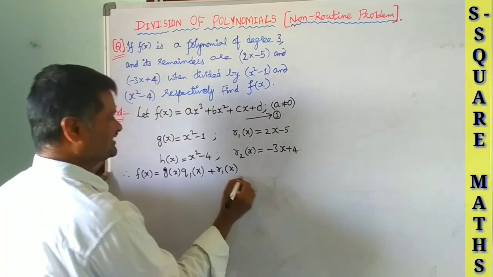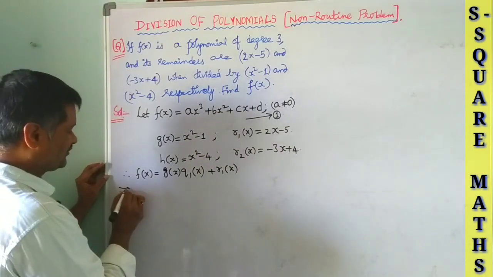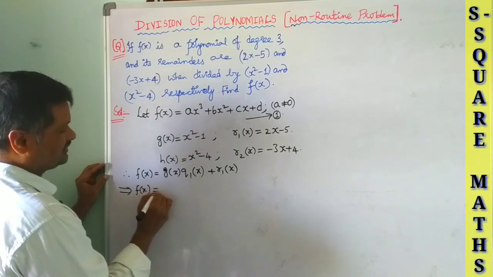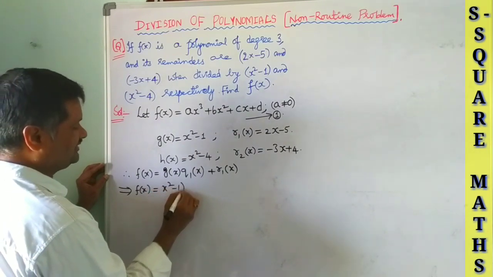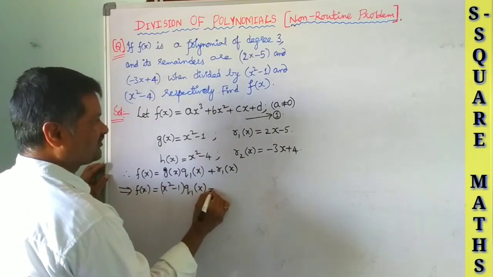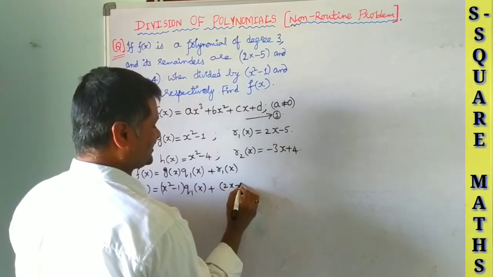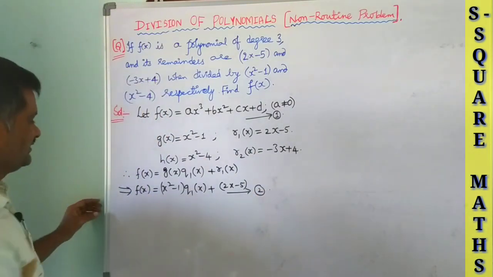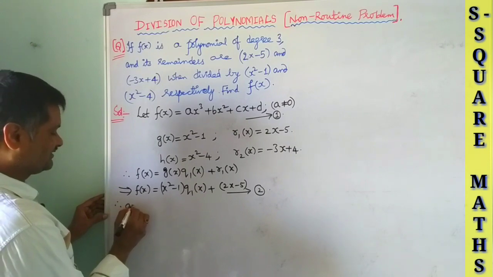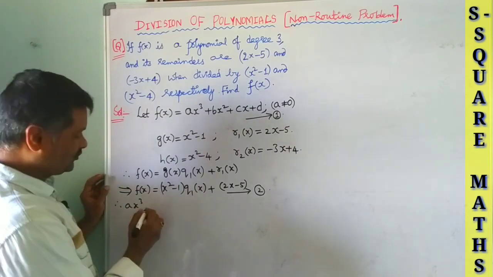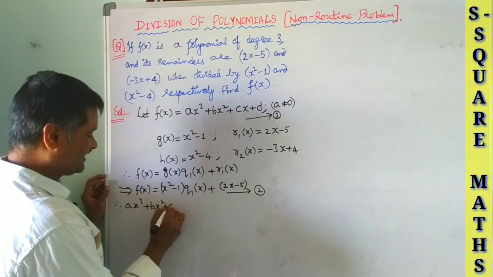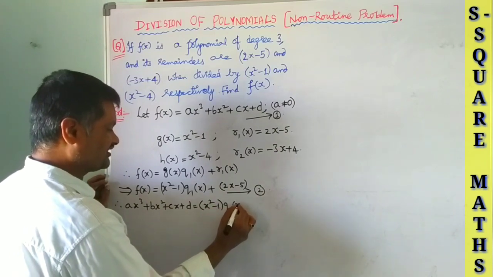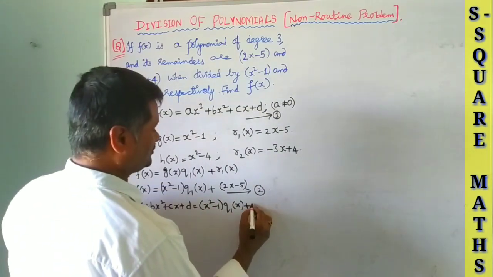Let us substitute here: f of x is equal to g of x, which is x square minus 1, into q1 of x plus r1 of x, which is 2x minus 5. Mark this as equation 2. Now I can write ax cube plus bx square plus cx plus d is equal to x square minus 1 into q1 of x plus 2x minus 5.